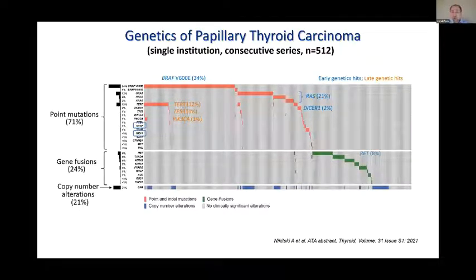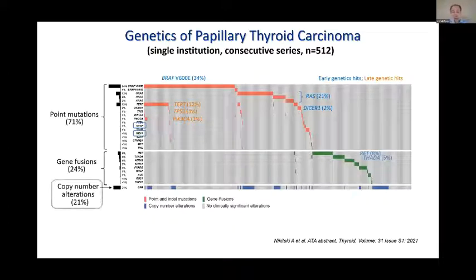So the most common of RTK fusions is RET gene, also very important, NTRK and others. In terms of the non-RTK fusions, STRN fusion is also more common, as well as PAX8-PPARgamma fusion.